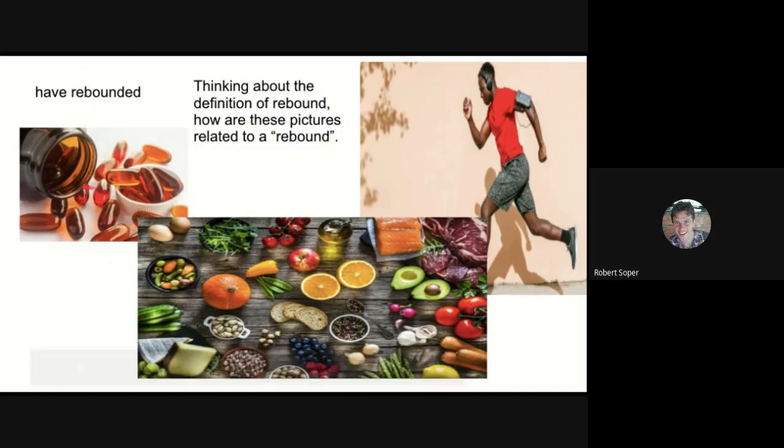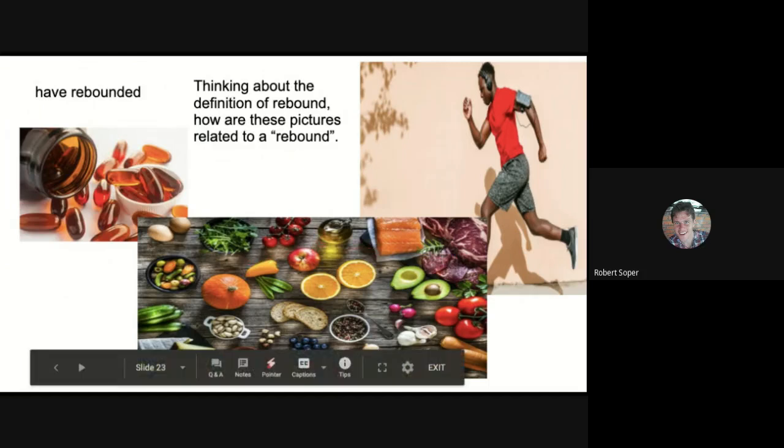So in this first picture here, we have people eating, we have a picture of vitamins. And vitamins are one way that you can rebound from an illness because they can give you a healthier body. And again, here we have a selection of healthy food. We've got all sorts of things like blueberries, avocados, lovely tomatoes, making me hungry looking at it.